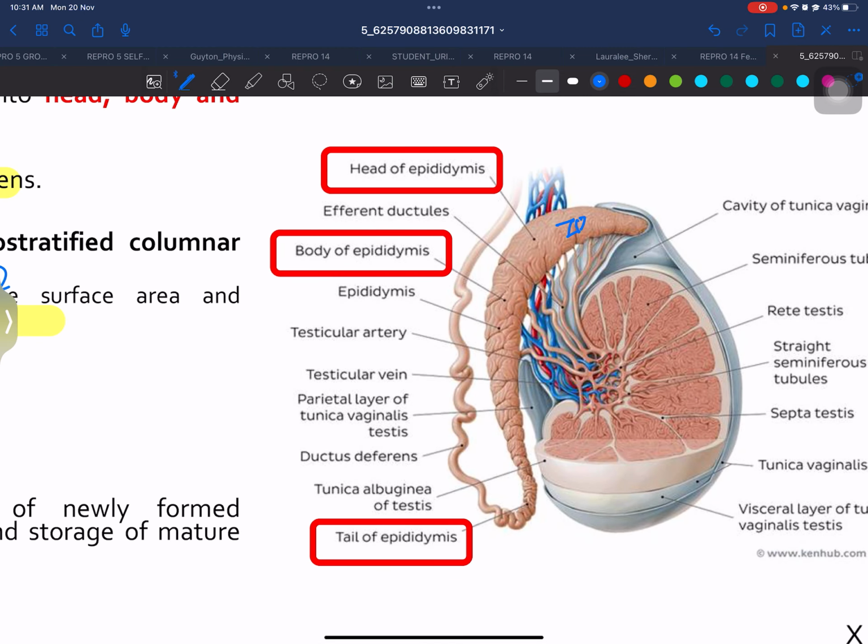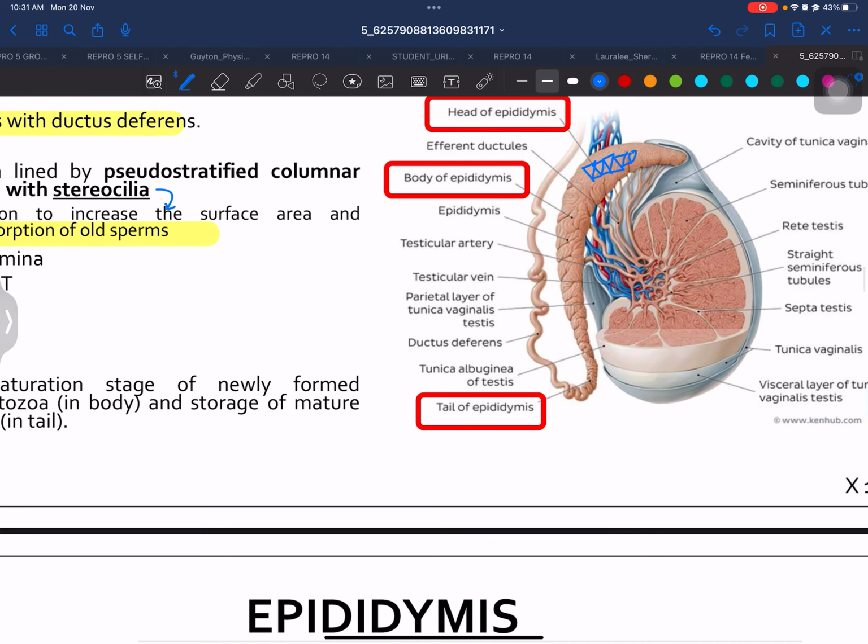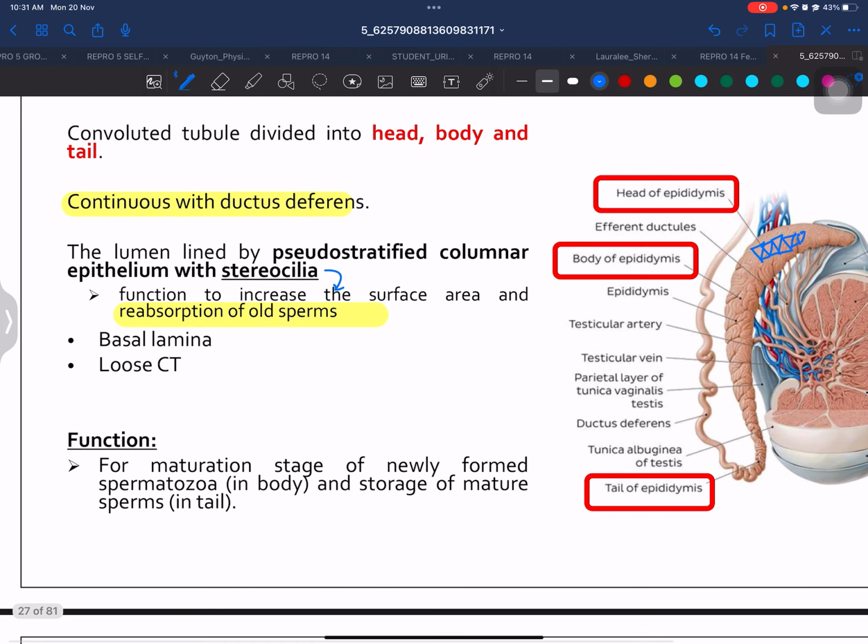So the epididymis is lined by pseudo-stratified columnar epithelium with stereocilia. It contains basal lamina and also loose connective tissue. The function of the epididymis is as the location for sperm to mature.